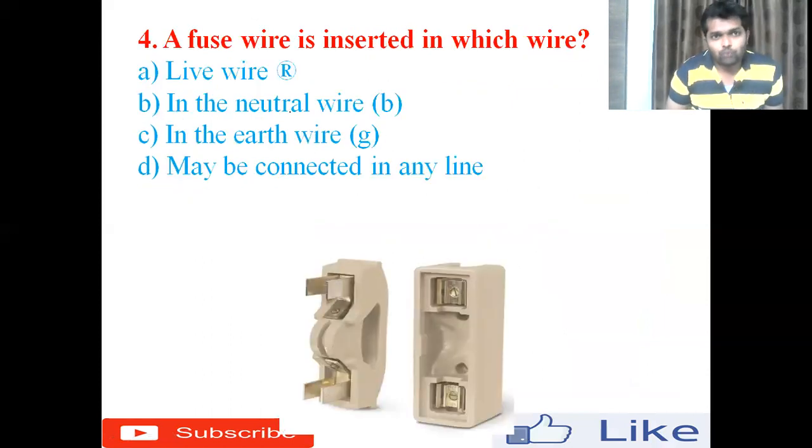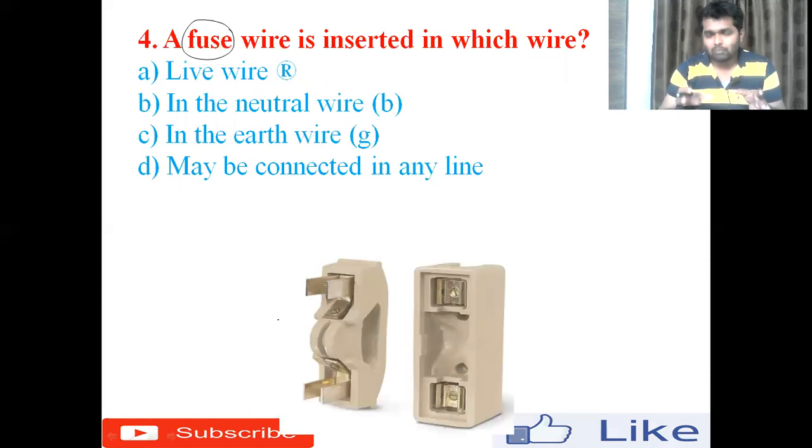Fourth one, a fuse wire is inserted in which wire? What is a fuse? We can see the image here, right? Fuse is a safety device for any electric circuit. For example, in our house there is a meter board.